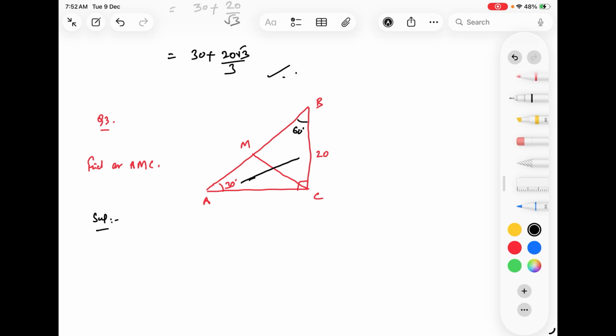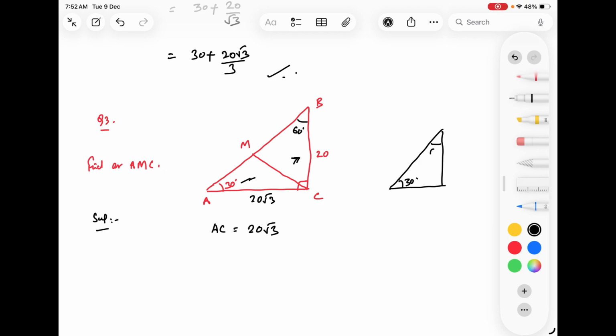So the side opposite to 60, AC, becomes 20 root 3, right? You can recall this 30, 60, 90 triangle again.